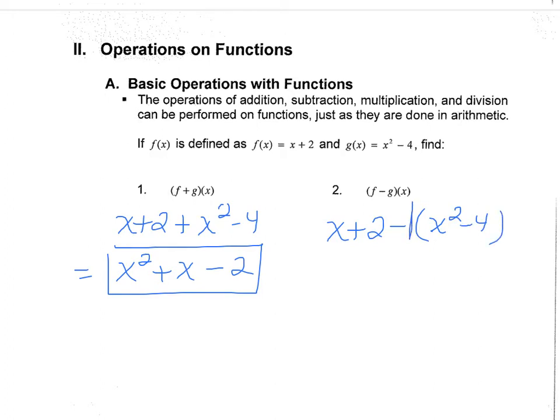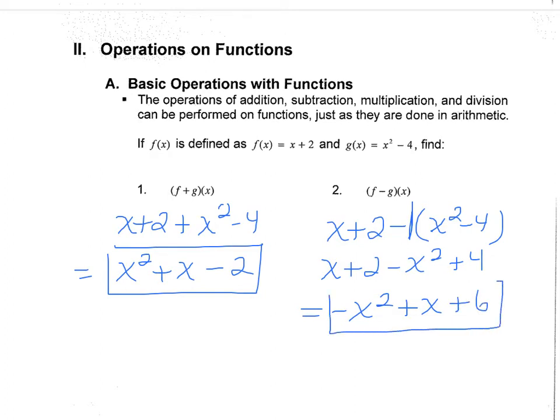I'm going to multiply through by that negative 1 to do the additive inverse and get x plus 2 minus x squared plus 4. Now I'm going to combine like terms. I get negative x squared plus x plus 6. I have no other like terms to combine, so that's my answer.